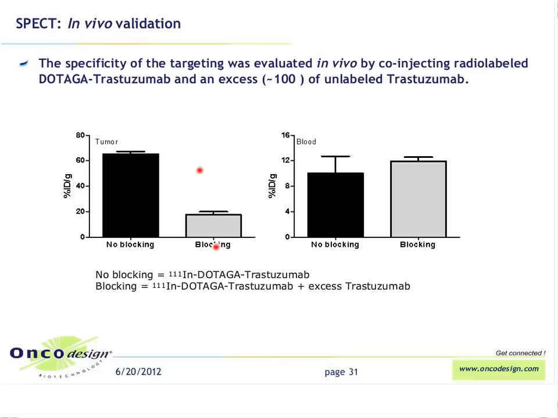You have here the quantification of the tumor in the presence of unlabeled antibody, and we clearly observe a decrease of the antibody signal, meaning that the antibody is specifically binding to the tumor target, and there is no change in the blood where no target cells are circulating.